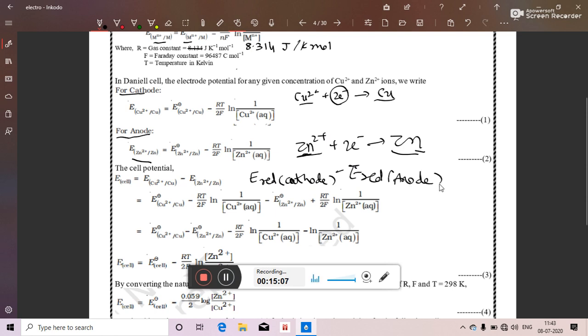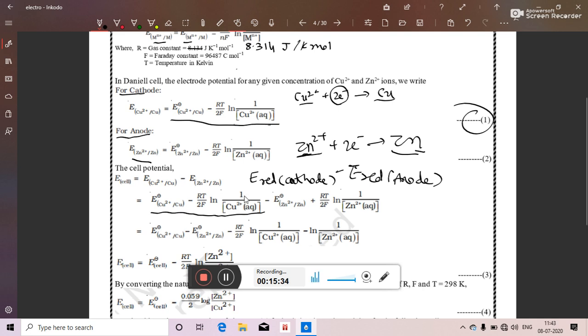Now here the cathode is copper, so we write E of Cu2+/Cu minus E of the anode, that is Zn2+/Zn. E of Cu2+/Cu is already there in equation number 1, so instead of it we can write down its RHS, that will be E° of Cu2+/Cu minus RT upon 2F natural log of 1 upon Cu2+.